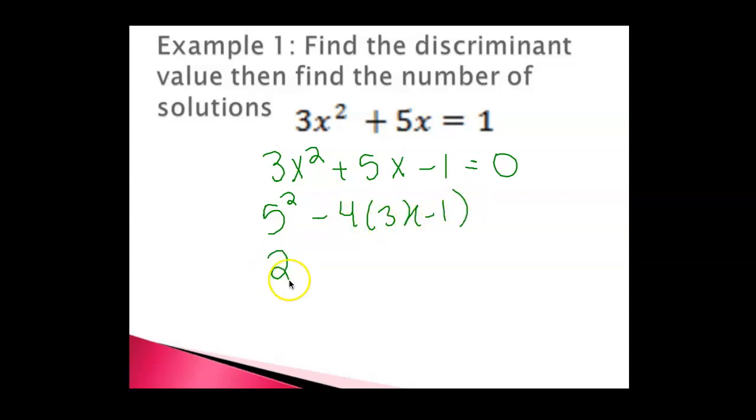So you have 25. A negative times a negative is a positive. 4 times 3 is 12. So 25 plus 12 gives us a 37. So 37 is not a perfect square, but it is positive. Therefore, I have 2 real roots.